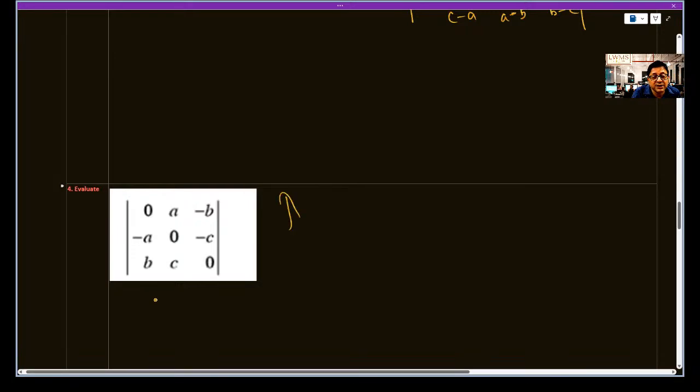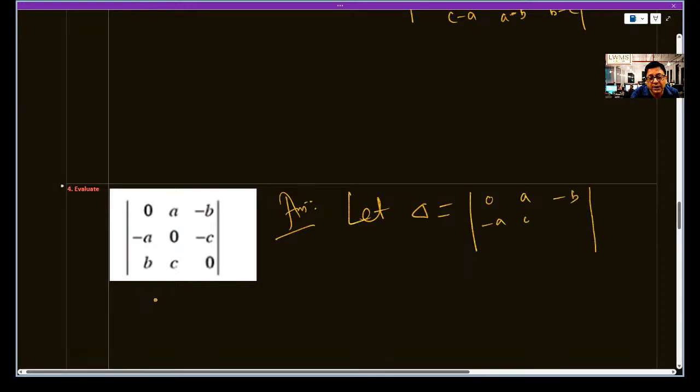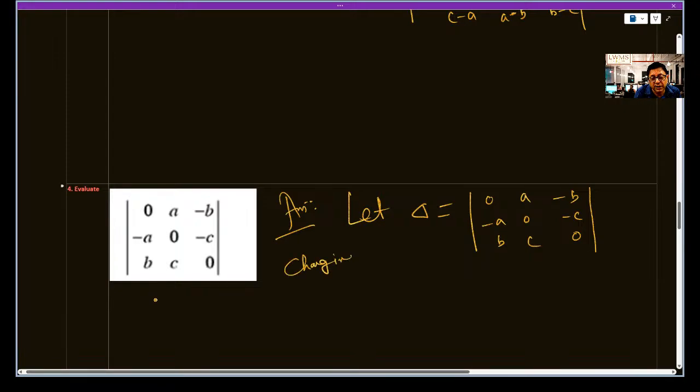I am showing you how to get it. So to prove this, we assume this manner. Let delta equal to 0, a, minus b; minus a, 0, minus c. Assume this. Now changing rows into columns.